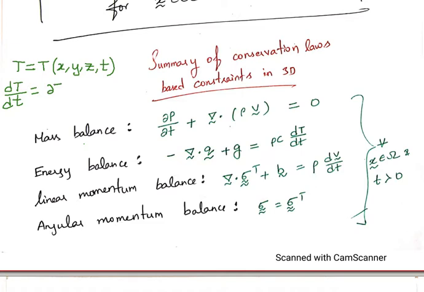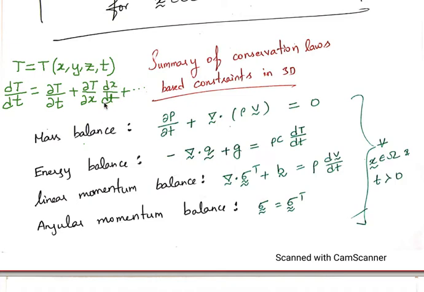When I use the chain rule, the first term I get is simply the partial derivative of T with respect to t. When I differentiate with respect to x, I get dT by dx times dx by dt, plus, dot dot dot, I don't have space here, plus dT by dy times dy by dt, plus the partial derivative of temperature with respect to z times dz by dt.